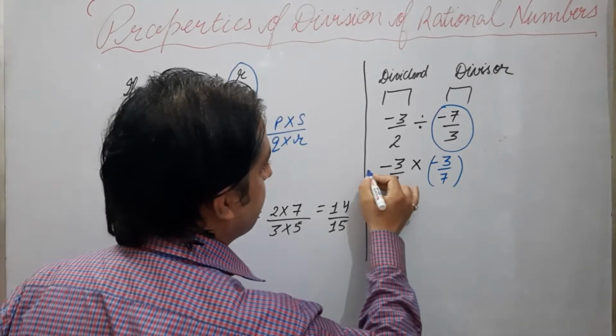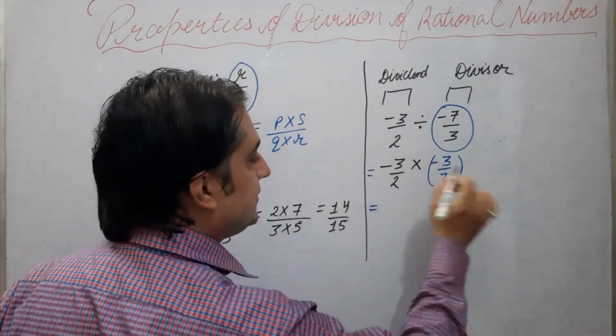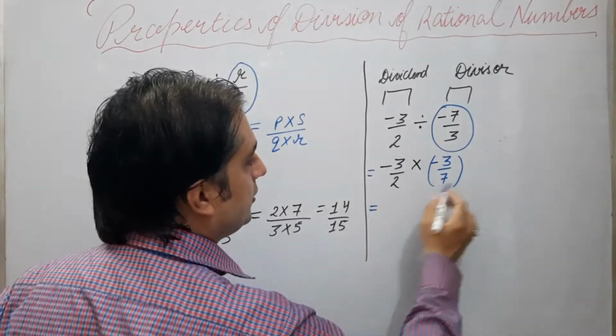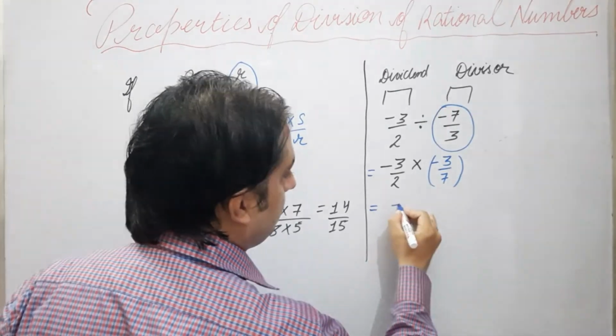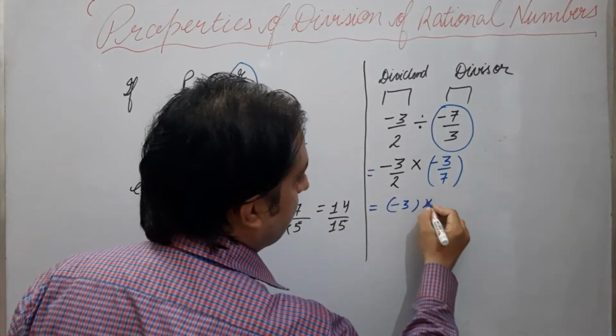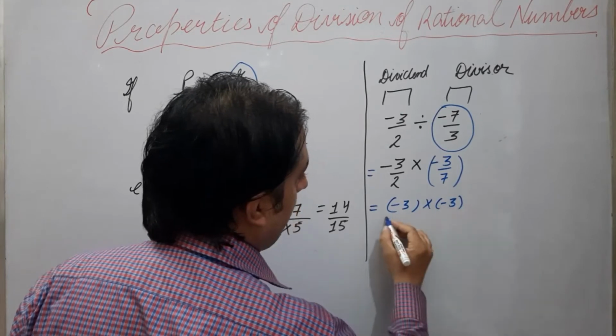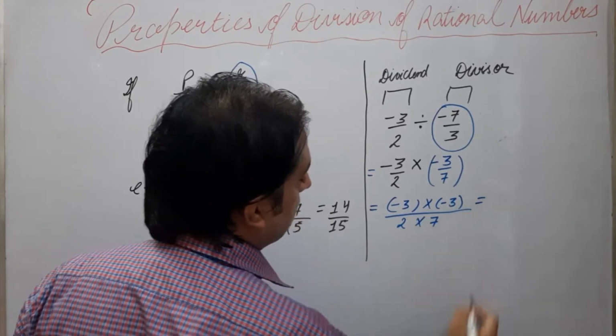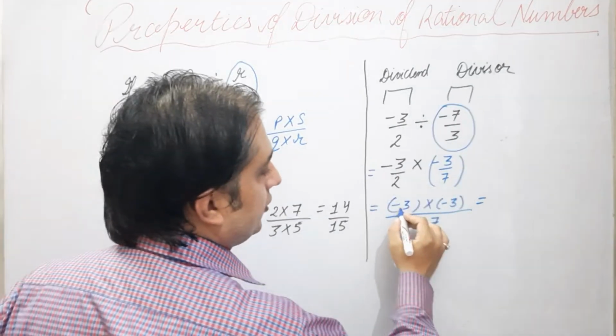So what is the answer? Once you do this, you take the product of the numerators and the product of the denominators. It will become minus 3 multiplied by minus 3 upon 2 multiplied by 7.